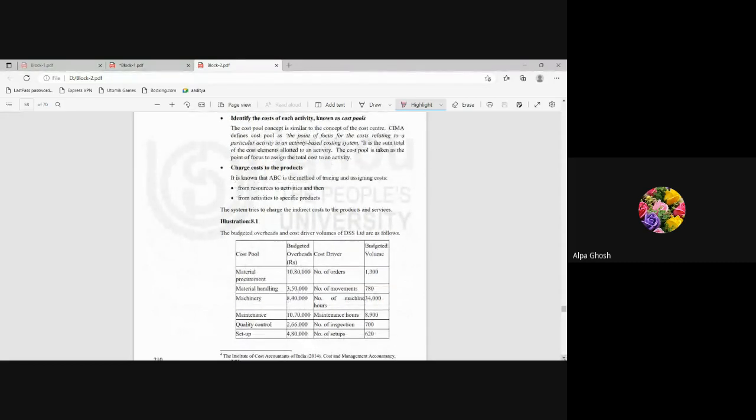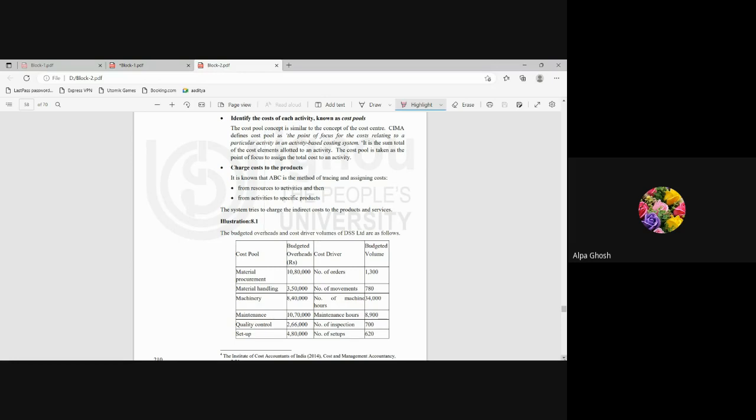Suppose a budgeted overhead and cost driver volume of DSS Limited is given. Cost pool, budgeted overhead: cost pool is the factor, and budgeted overheads are the amount. Then the cost driver and the volume of each cost driver. Material required is 10,80,000, and the number of orders for this is 1,300.